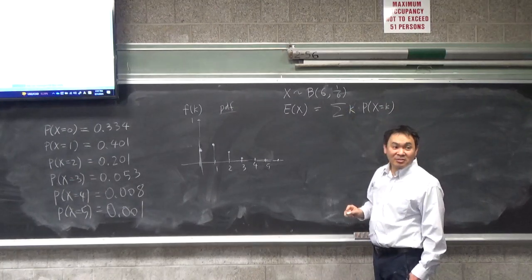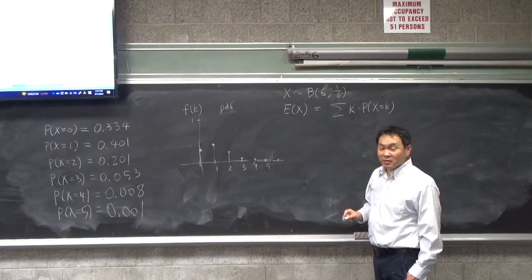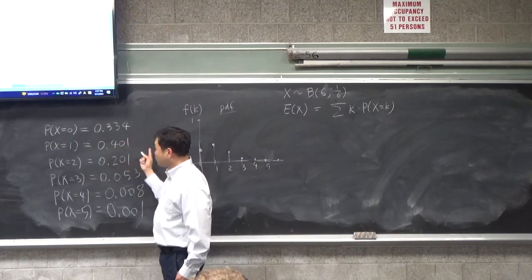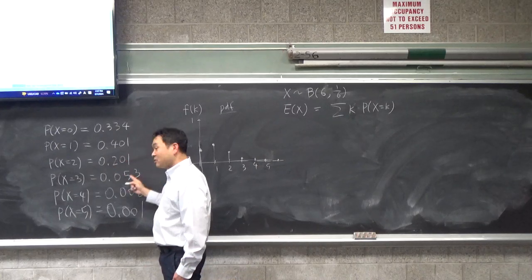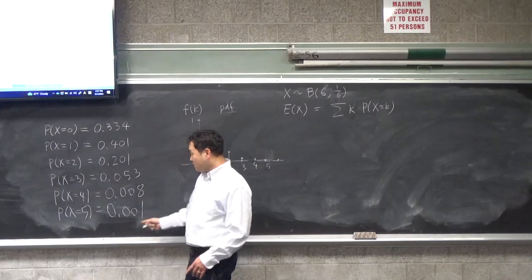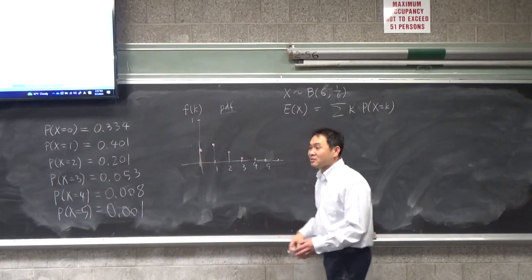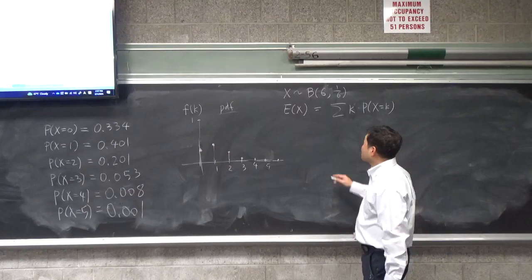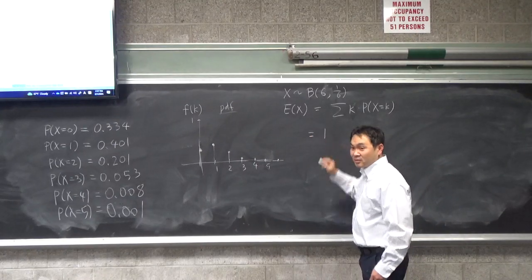So you multiply 0 to this, 1 to this, 2 to this, 3 to this, 4 to this, 5 to this, and then 6 to some other one that I didn't write. It's practically 0. And if you add them up, the value you're going to get will be 1.